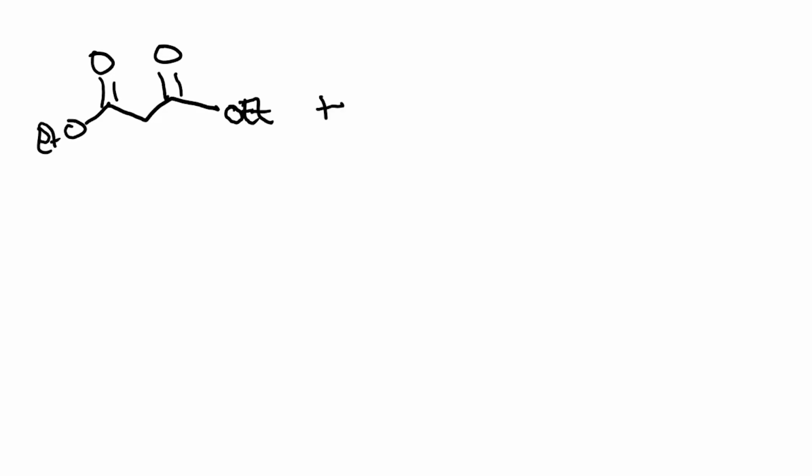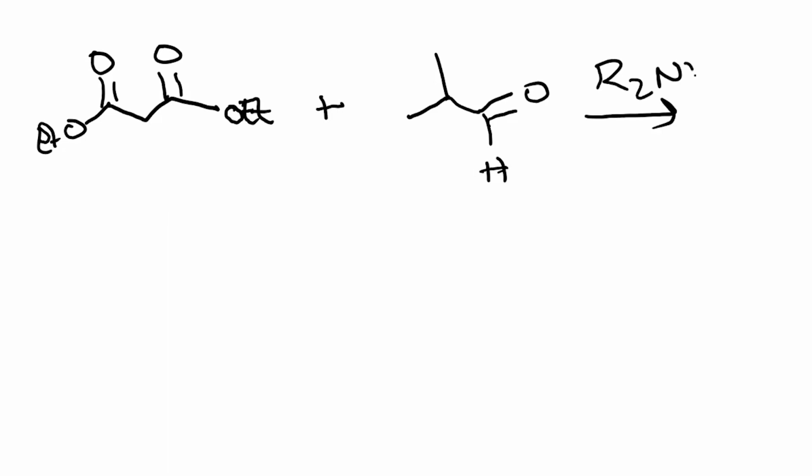Now, how do we do the reaction? The example I'm going to take is diethyl malonate, OEt, and react it with an aldehyde and add a base. The base that we add here is, let's say, of the general structure R2NH. The first step we can imagine is that this is going to be in equilibrium with the corresponding enol.